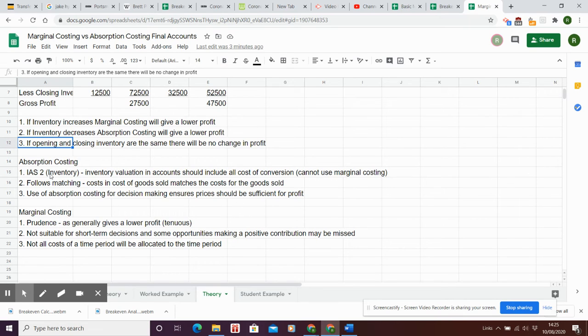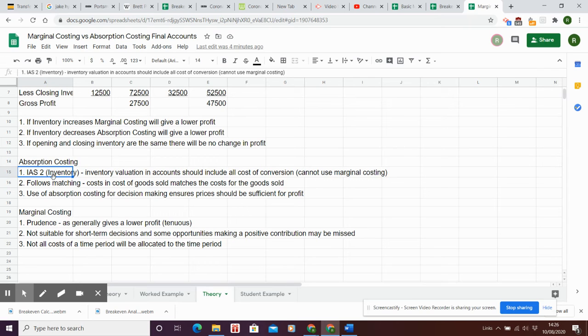Okay, the most important thing in favour of absorption costing is International Accounting Standard 2, which covers inventory, says it should include all the costs of conversion, and that includes fixed costs. So actually, IAS 2 ultimately also says we shouldn't use marginal costing because it doesn't consider the fixed costs when valuing the inventory.